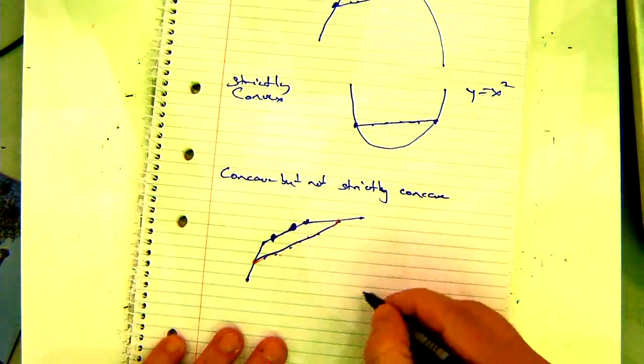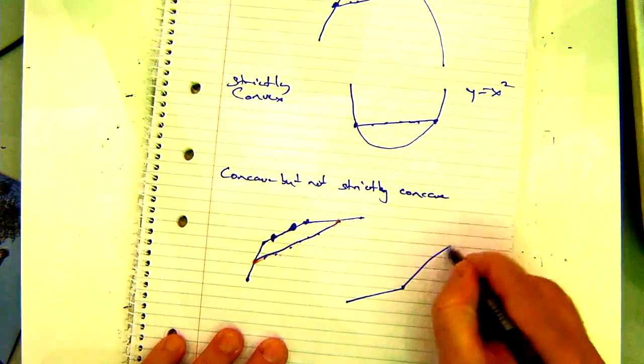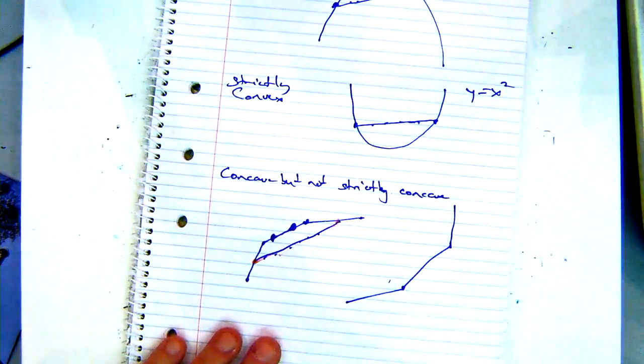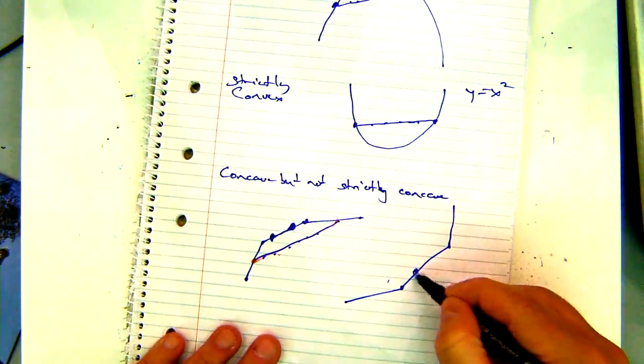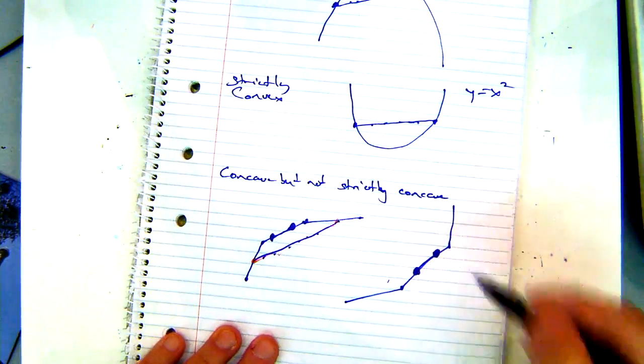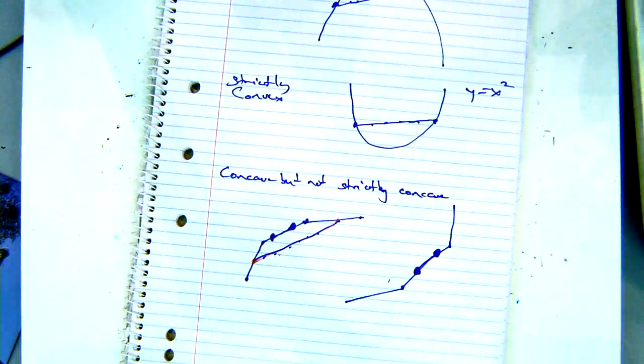And you can do the same thing for convex, but not strictly convex. For example, if you take these 2 points here and draw a straight line between them, all the points between them are on the function, not above it. But if you take any 2 points on that function, it's either on the function or above it.